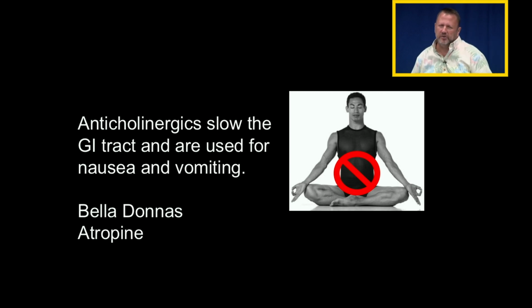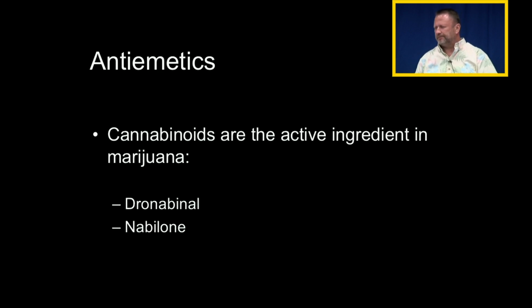It's an antimuscarinic, anticholinergic, parasympatholytic, and it can be used to treat nausea, vomiting, and diarrhea, because diarrhea is a hypermotility of the gastrointestinal tract. Because acetylcholine speeds that up, atropine can slow that down.